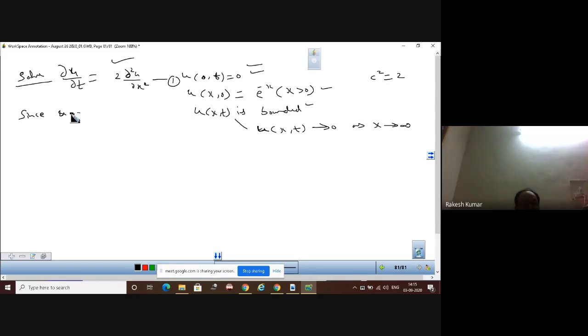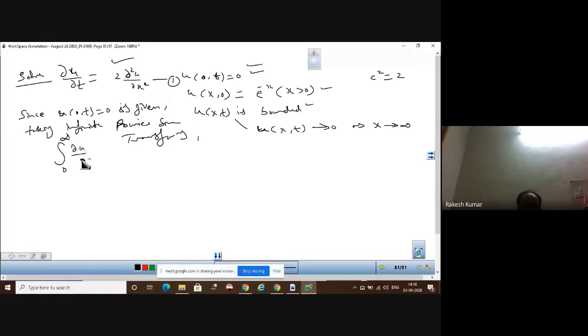What is given to us is u(0,t) equal to 0. So taking the infinite Fourier sine transform, what we shall get: you need to integrate within the limits 0 to infinity, ∂u/∂t into sin(sx) dx, equals 2 times the integral from 0 to infinity of ∂²u/∂x² sin(sx) dx.